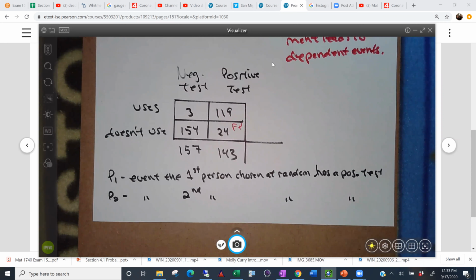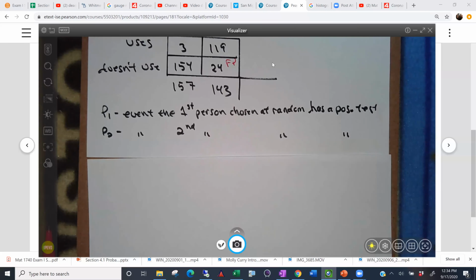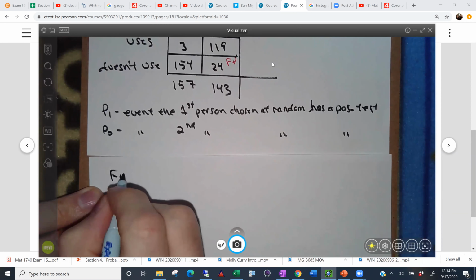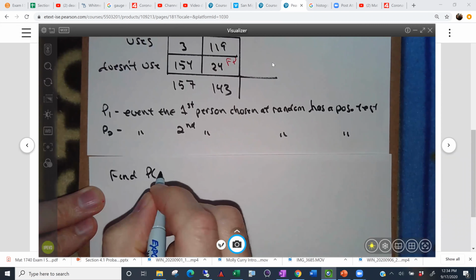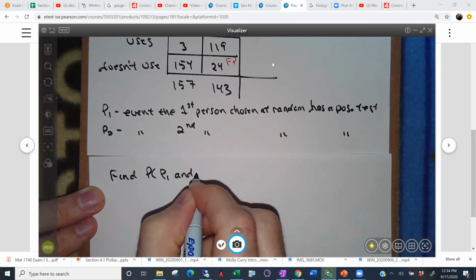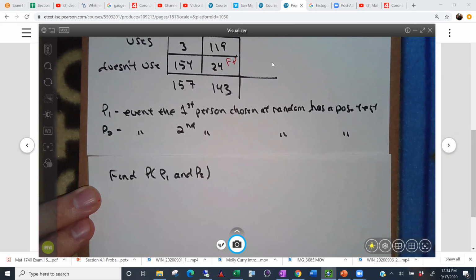Let's calculate some probabilities under the same circumstances that we just had. All right, so changing things up, we're going to find the probability of P1 and P2.